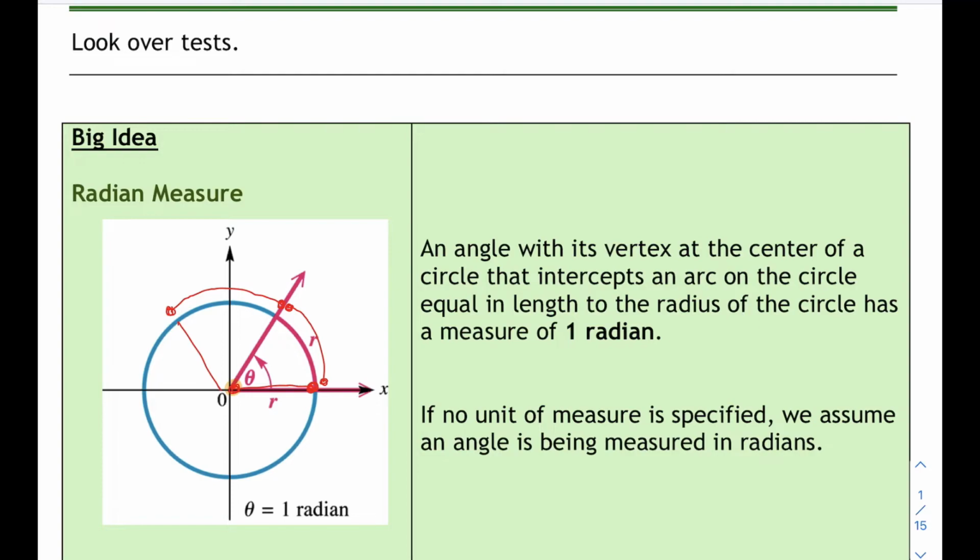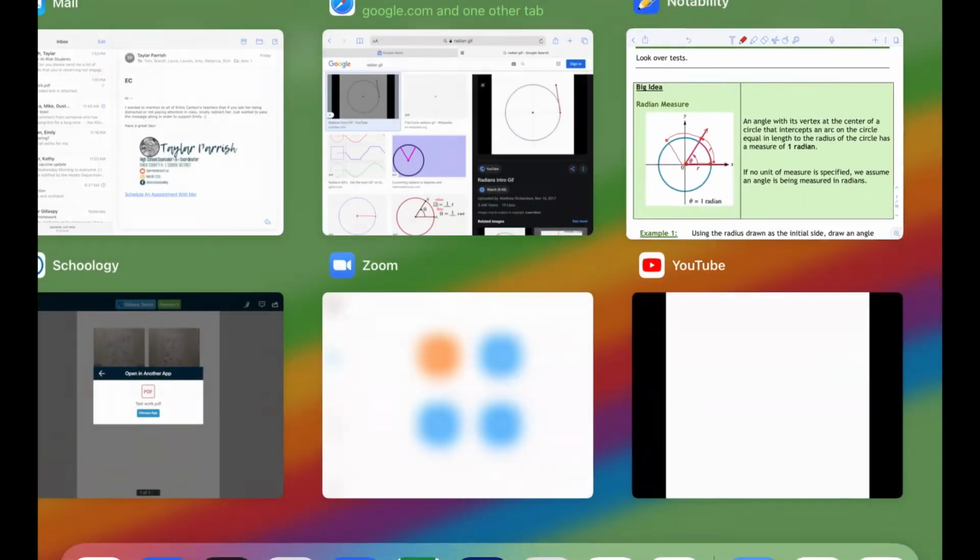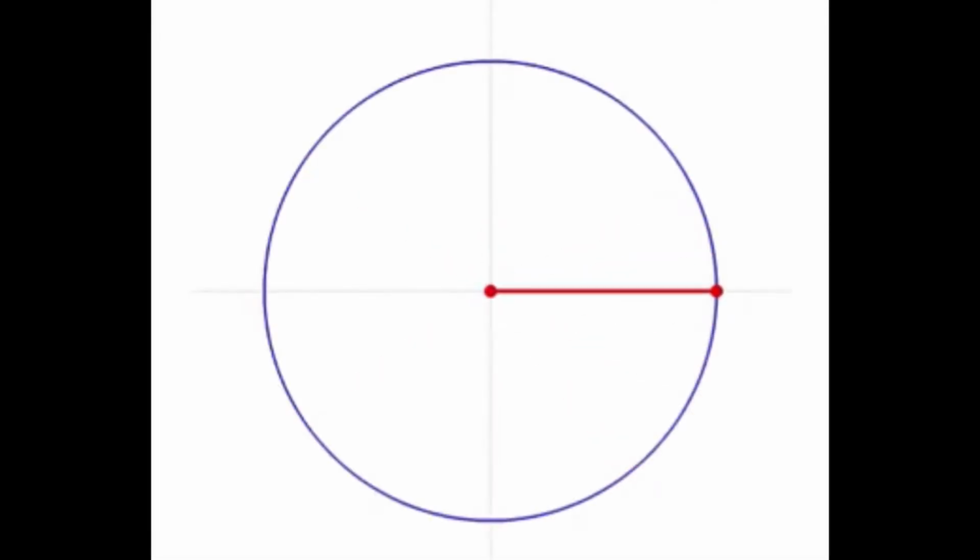So let me show you a little picture. Okay, here's the radius of my circle. And I'm going to wrap 1 radius around the outside, and that's going to create an angle measure of 1 radian. So wrap, wrap, wrap. That's 1 radian.